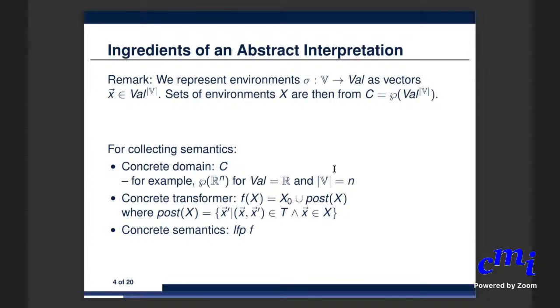The concrete semantics, given some values for the variables in your program, associates a concrete transformer which computes, for each instruction in your program, the set of post states given a pre-state.